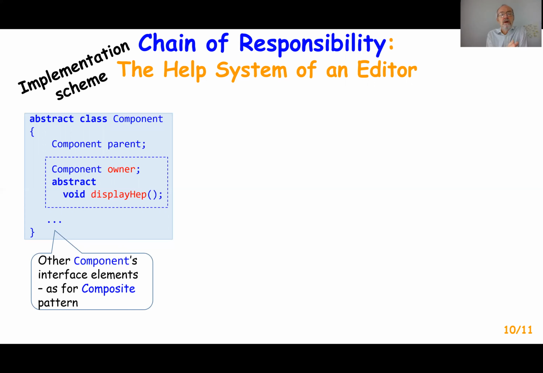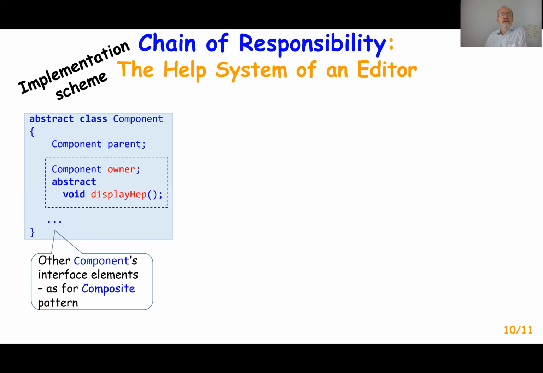There are two things. Look, the member called owner and a method display help. Oh, excuse me, I have a bug here, not help, but help, excuse me. Probably you understand what I meant. Okay, so because all other elements of our software are classes derived from this component class, they inherit these parts, owner and display help.